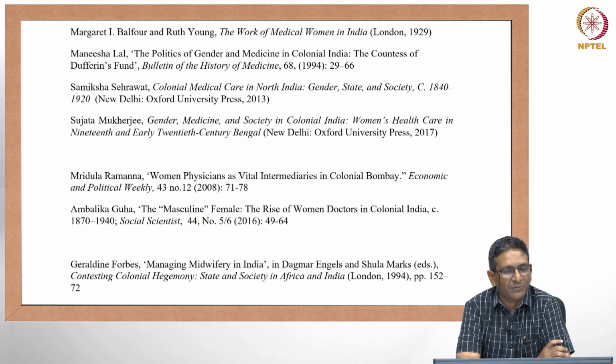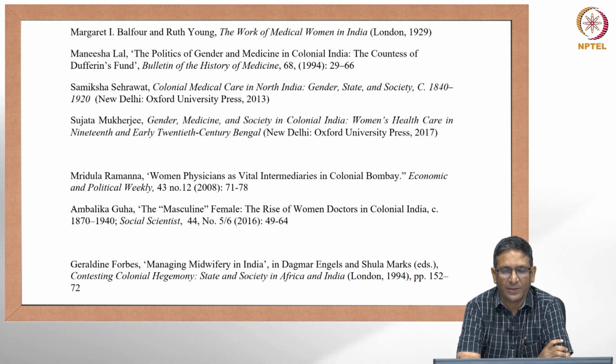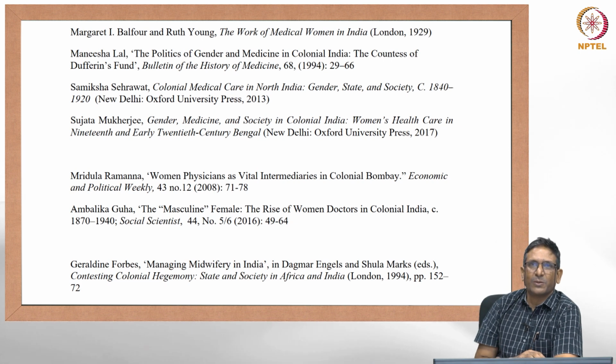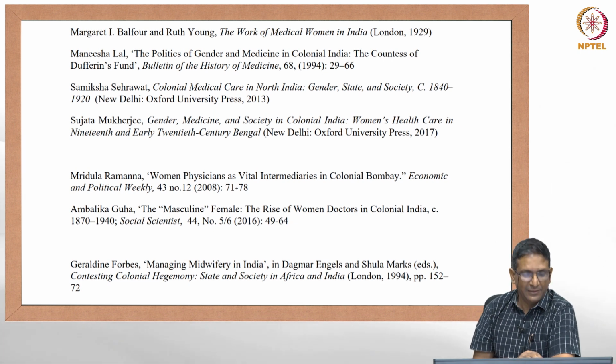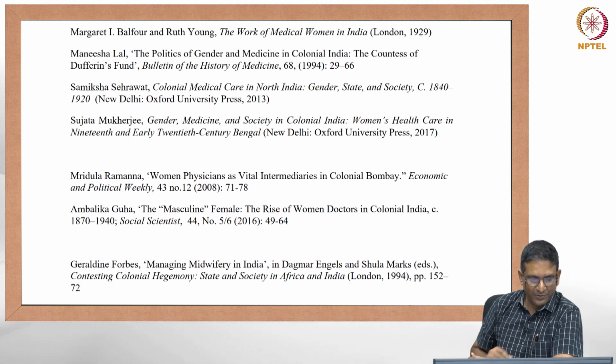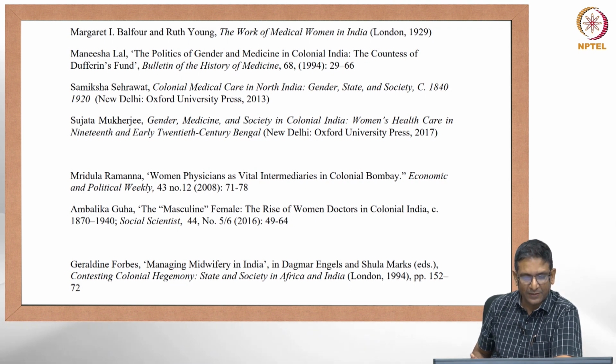And then we have over the years other scholars working on different aspects. So these four are broad, and the next two, by Mridula Ramanna and Samiksha Sehrawat, are particularly about doctors, women physicians. The next two are about midwifery, in particular Geraldine Forbes's and Amrita Guha's work.